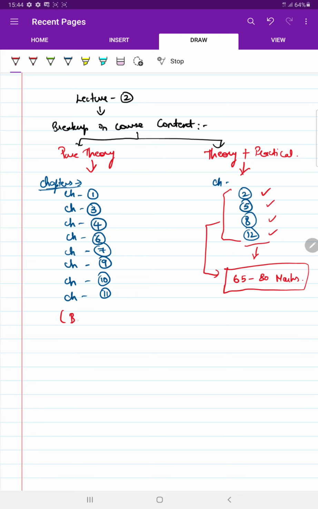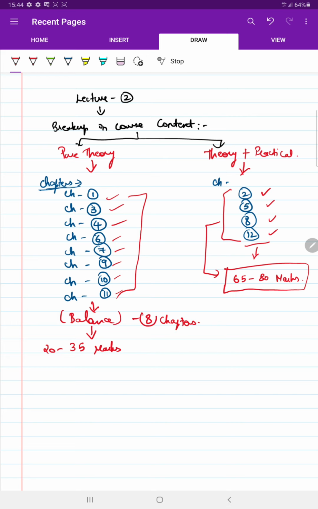The balance will be from here. Balance how many? 1, 2, 3, 4, 5, 6, 7, 8 chapters you have to study, and you are going to get only 20 to 35 marks by studying 8 chapters.